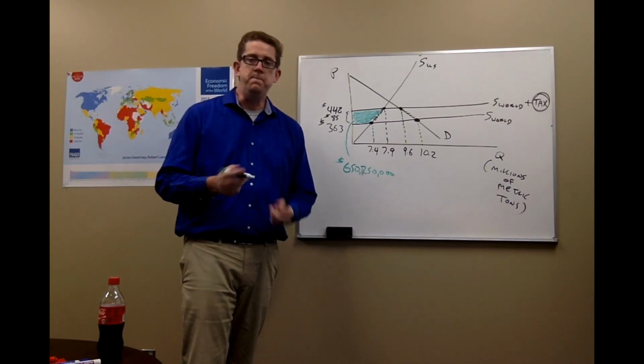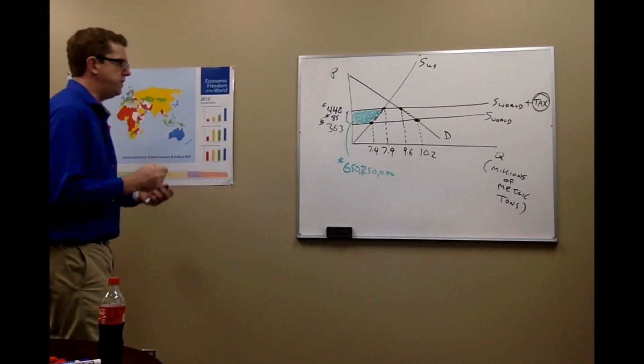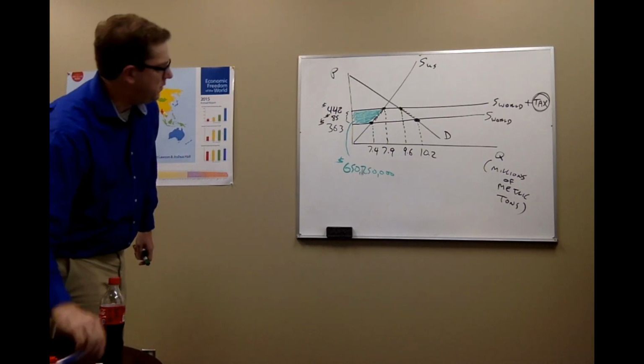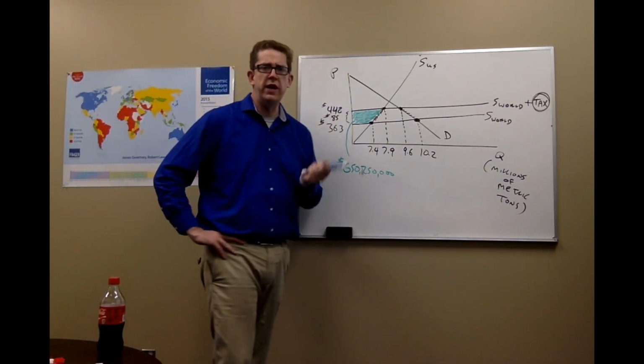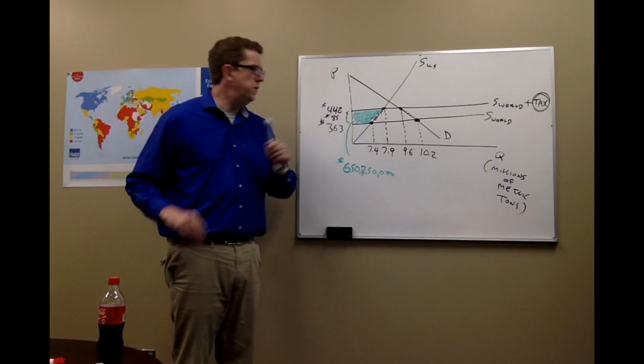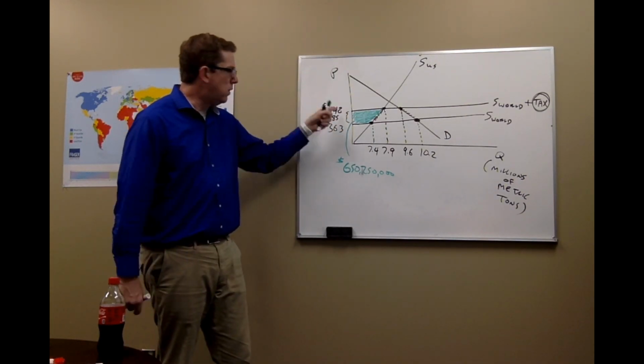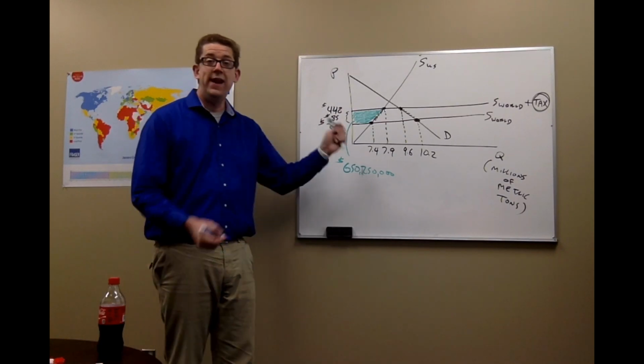Now we can look and see how this affects consumers as well. We'll do this with blue. Producers get more gains from trade. Consumers, on the other hand, are paying more for steel, and they're getting less of it.